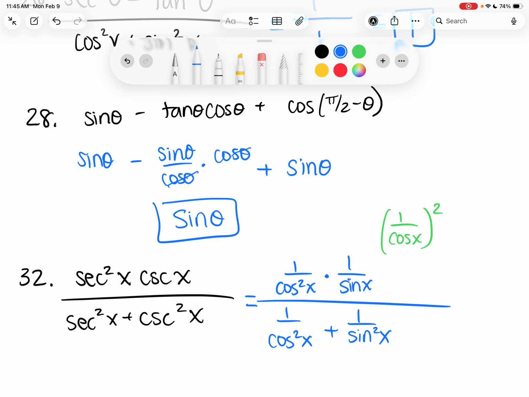So again, I know there's a temptation to just try to cancel stuff, but with the bottom being added, I can't do that. On top, I don't technically need a common denominator. Why do I not need one on the top? I'm multiplying, so that's just going to get smushed together as one thing on the top. On the bottom, though, I'm adding, so I do need to get a common denominator. So the first one needs to be multiplied by sine squared over sine squared.